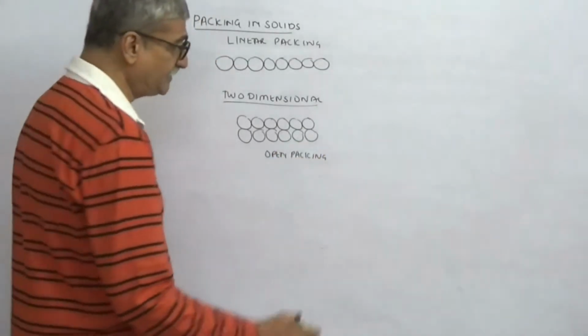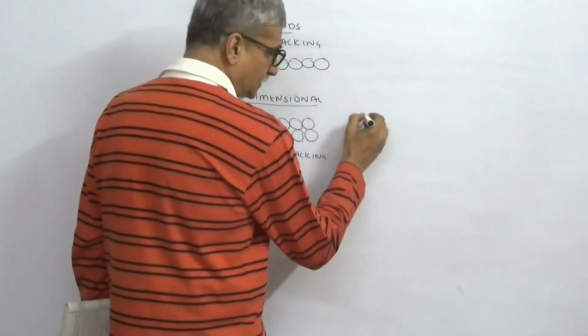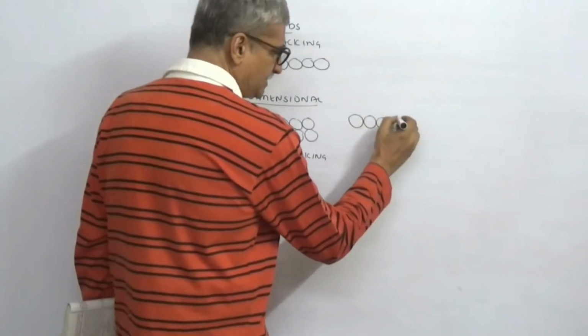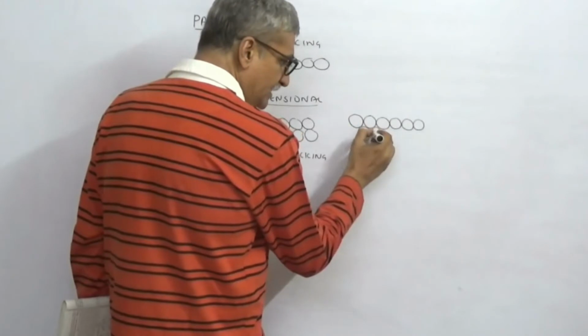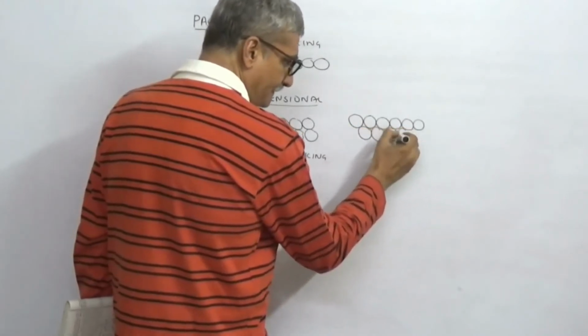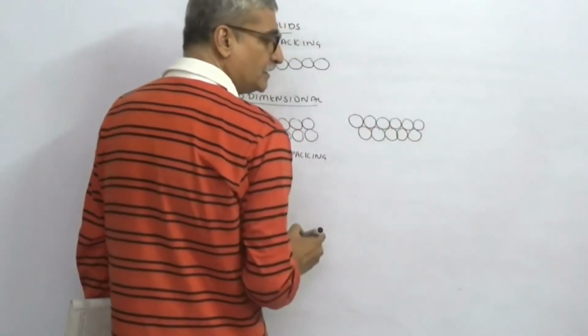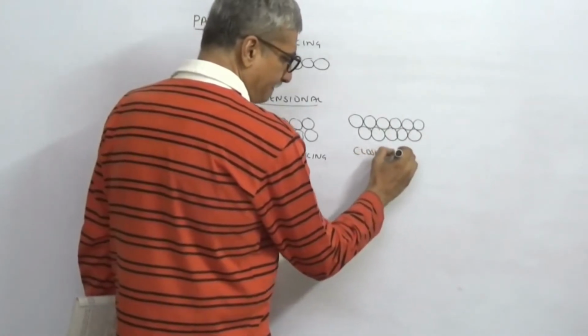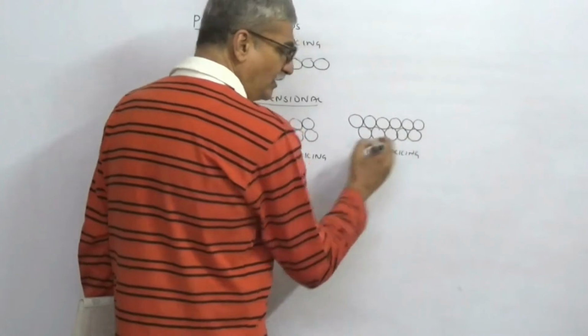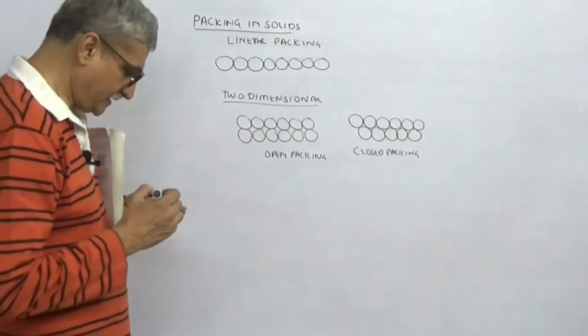There could be another possibility. This is the first layer. The second layer is between this. So what will you call this? This is called closed packing. What is the difference between open packing and closed packing?